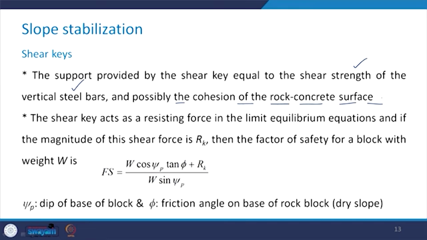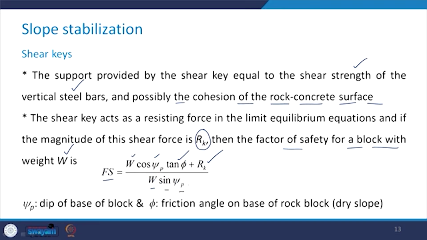Say the magnitude of this shear force is represented by the term Rk. Then the factor of safety F of a block with weight W is given by W cos psi p tan phi plus Rk, divided by W sin psi p.